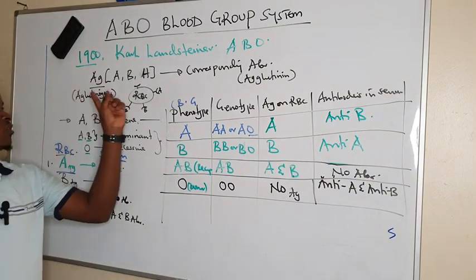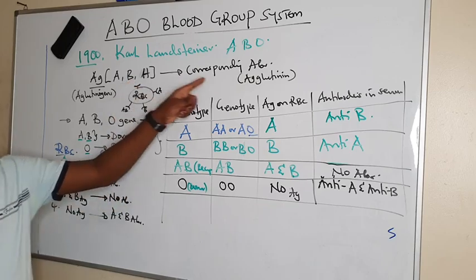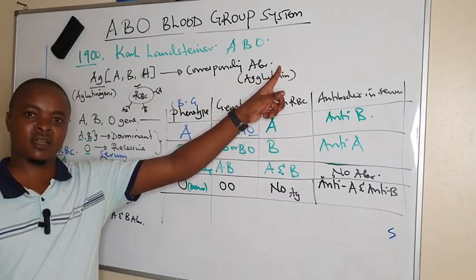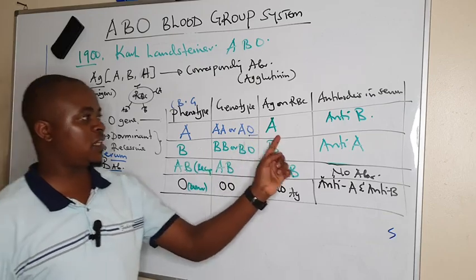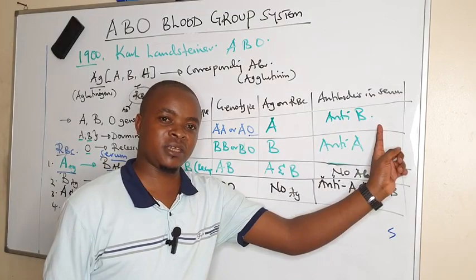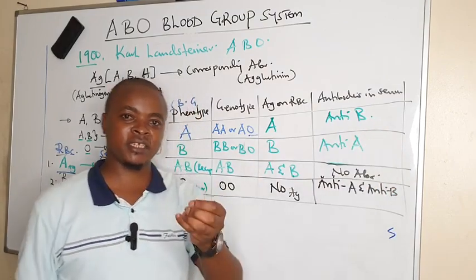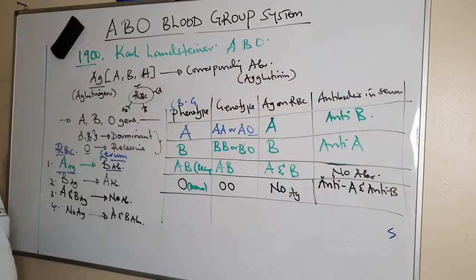If an individual had an antigen on red cells, they should not have a corresponding antibody in the serum. So if someone has blood group A, the antigen is A, so they should not have antibody A, because they correspond and can react, so they have a different one, which is antibody B. And that was according to Landsteiner theory.